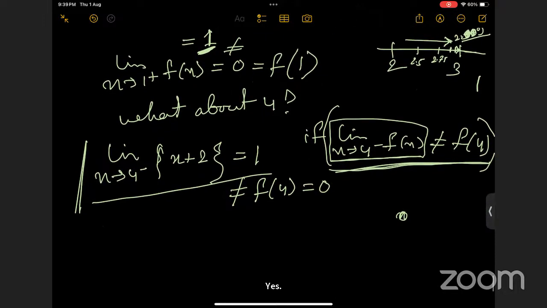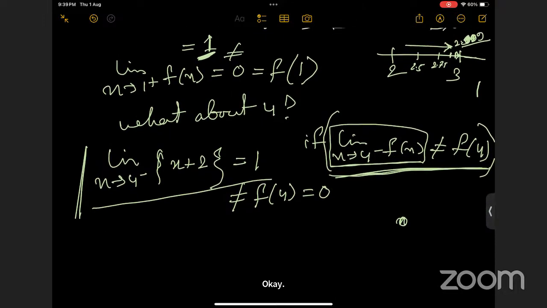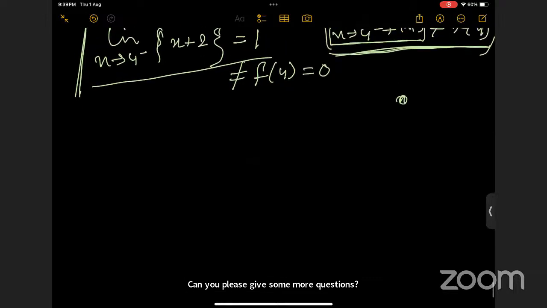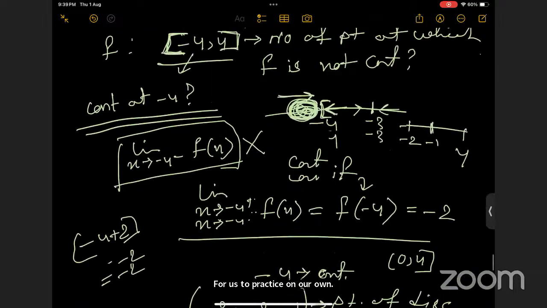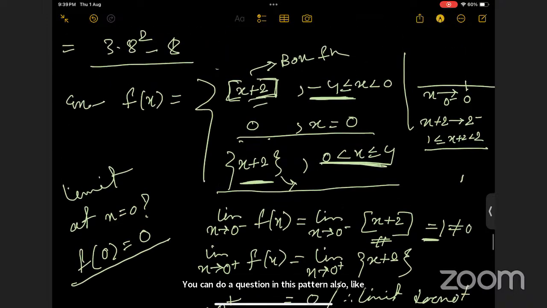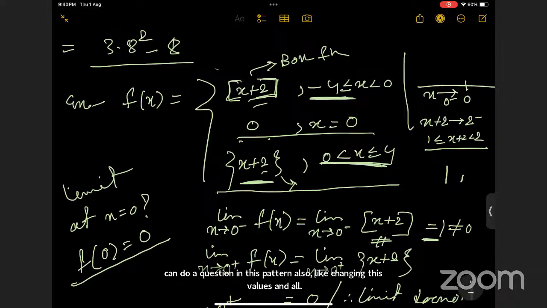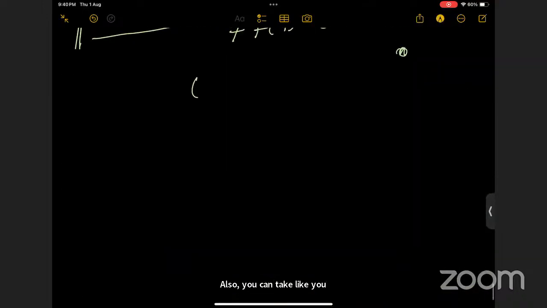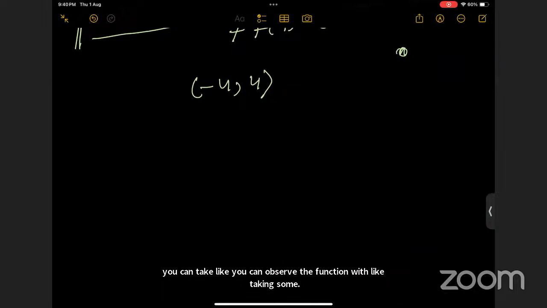Can you please give some more questions for us to practice on our own, ma'am? Yeah, sure. You can do a question in this pattern also, changing these values and all. Also, you can observe the function by taking an open interval instead of a closed interval.